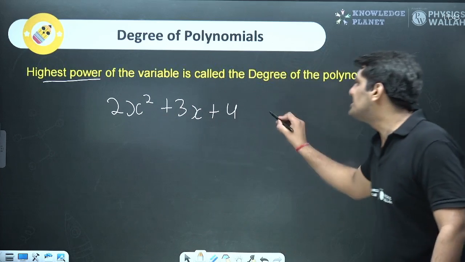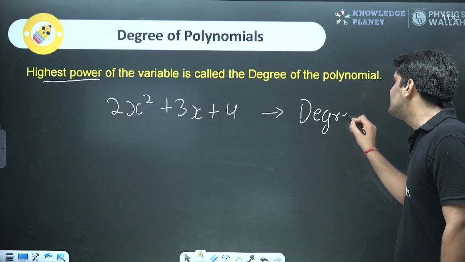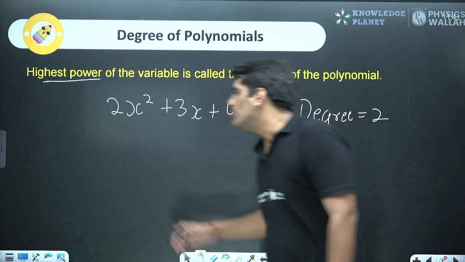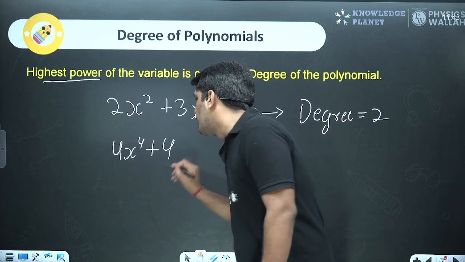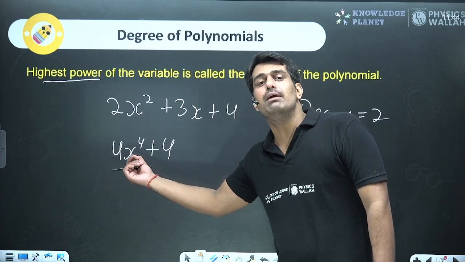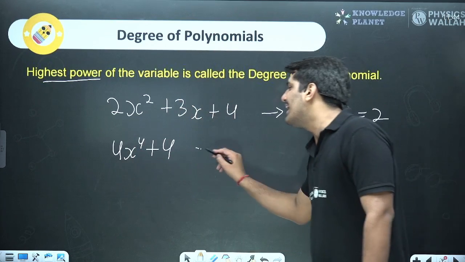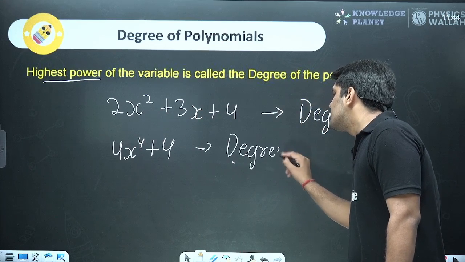So the highest power over here is 2, and hence I can say that the degree is 2. If I write over here 4x raised to the power 4 plus 4, a very simple term, in this case we have only one variable x and it has the highest power as 4. So the degree in this case would be 4. A very simple concept to understand.